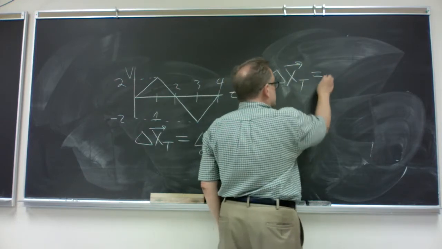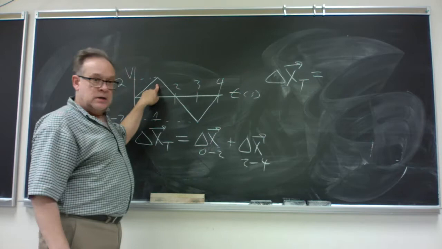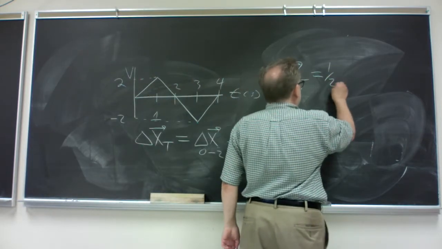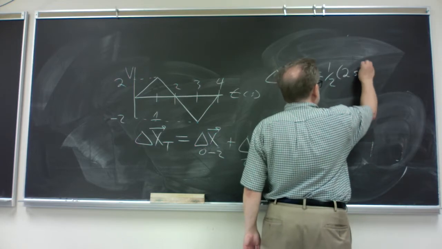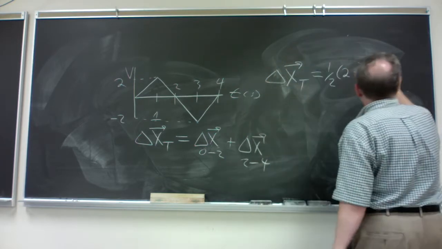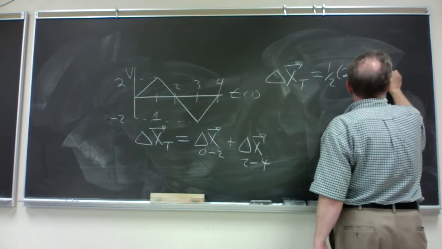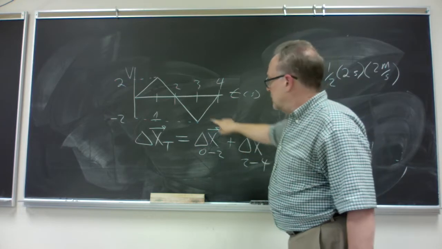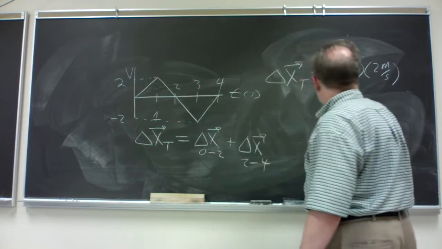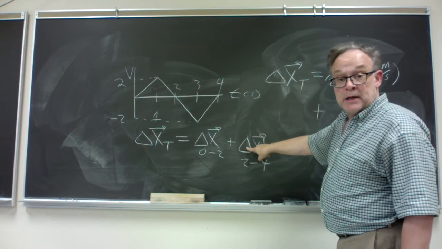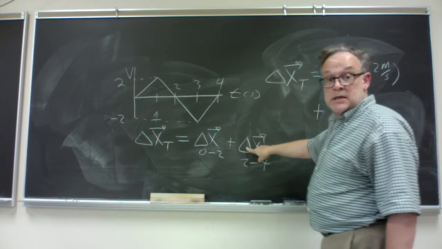So total displacement is first the displacement we get from calculating this area, 1/2 and a base of 2 seconds times a height of 2 meters per second. And then we add the displacement that we get from this. And this displacement is negative because the velocity is negative.